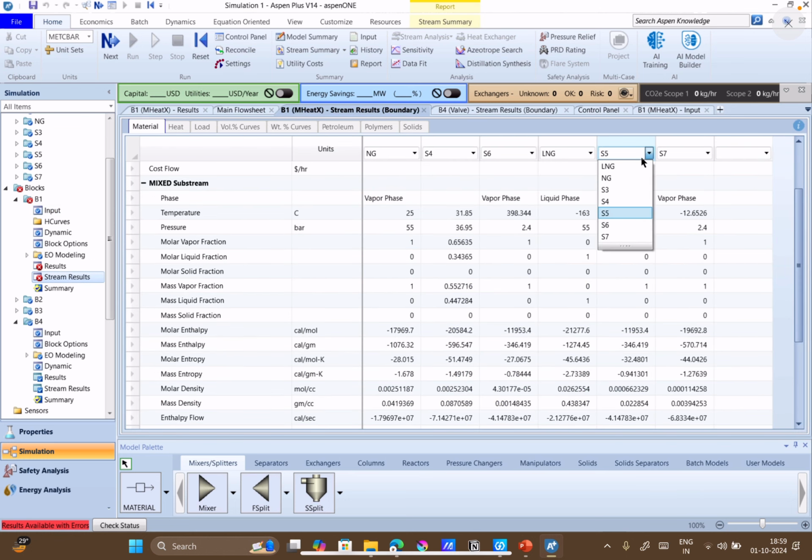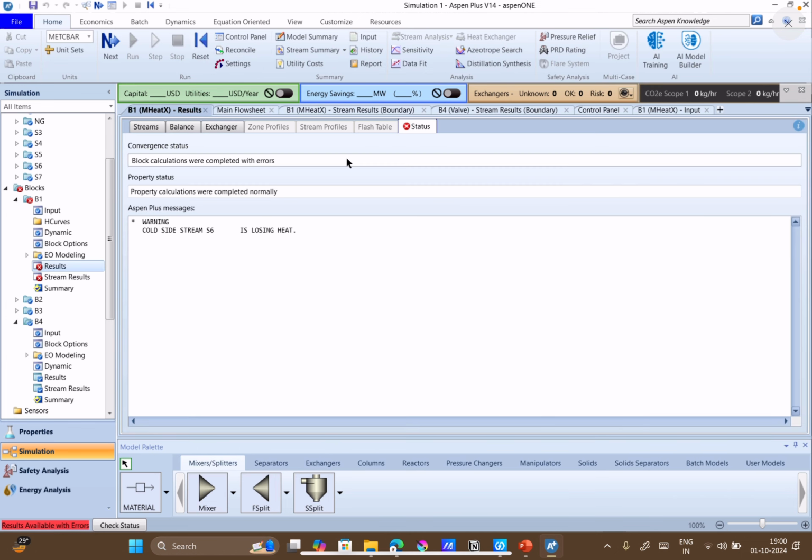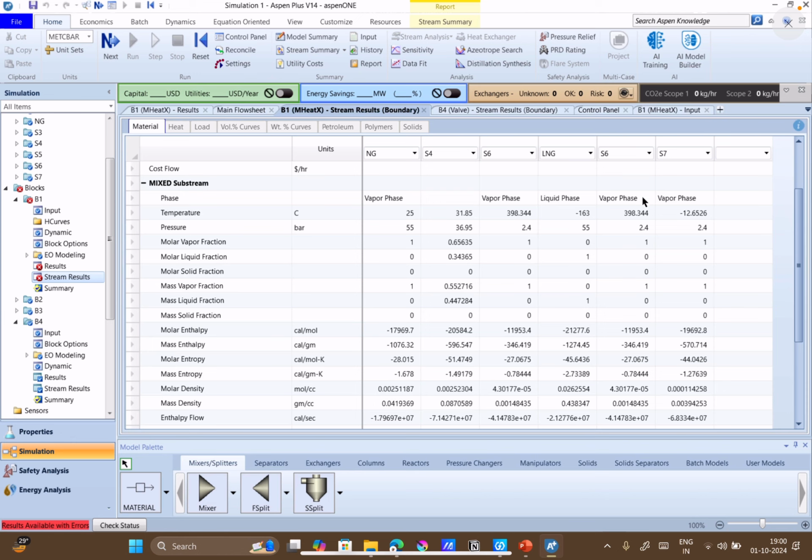S5, and then this is our S6, which is coming at 398. S6 and S7. Okay, so for the vapor fraction, it has changed the temperature value to 398.344.